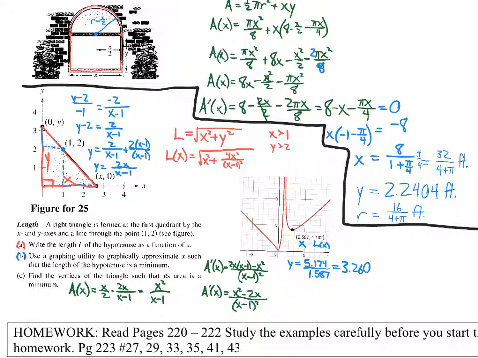Okay, so if we are then going to find the critical points in order to find our min, we let the whole function equal 0 or be undefined. So it'll equal 0 when x is 0 or 2, and it'll be undefined when x is 1.